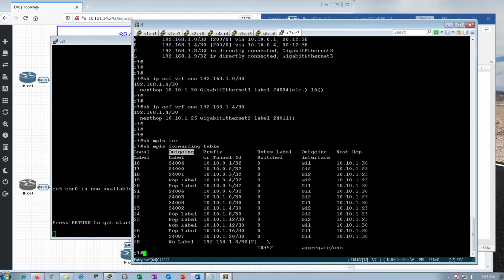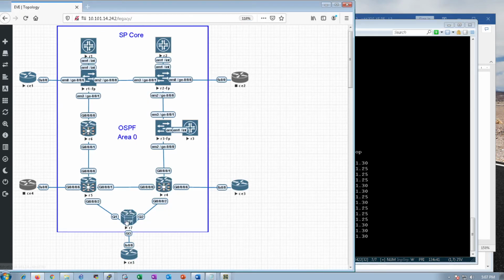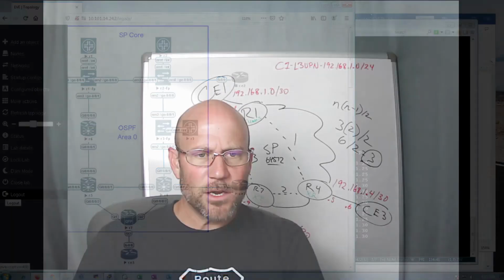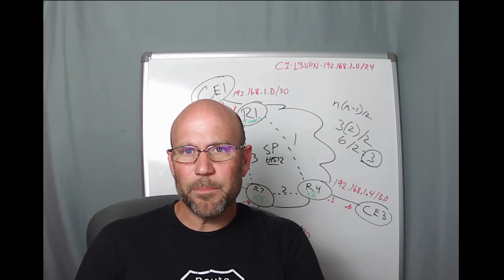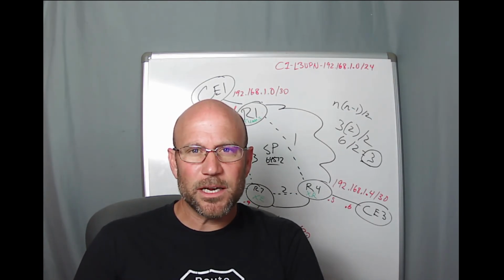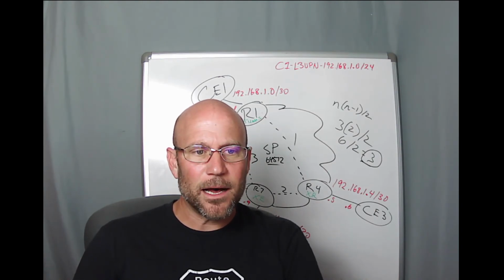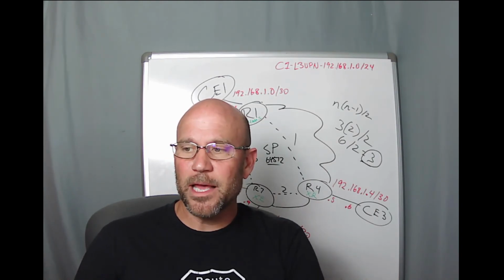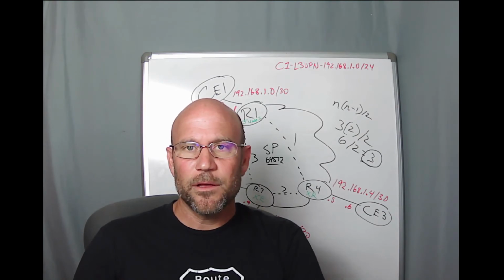To get to router 4, where customer edge 3 is hanging off of 10.10.0.4, our outgoing label is actually a pop label, and that's because from router 7 going over to router 4, we're the second to the last hop. This is known as PHP, penultimate hop popping, and you get an implicit null label advertisement from that last hop to go ahead and pop the label before you send that traffic.